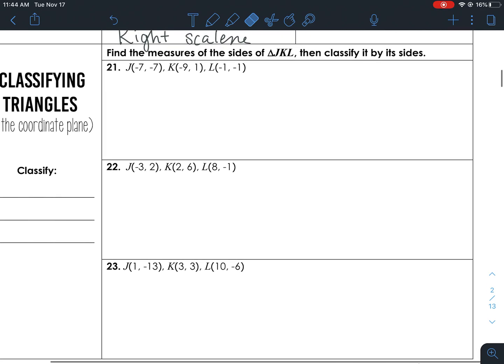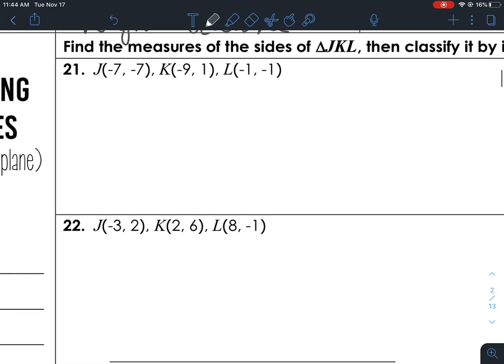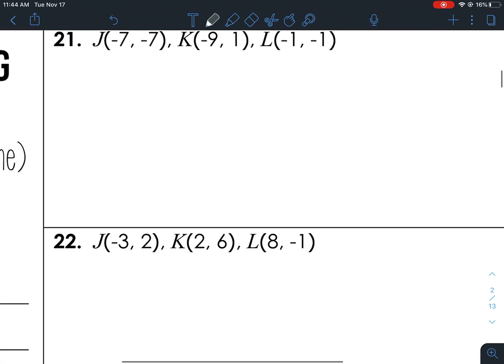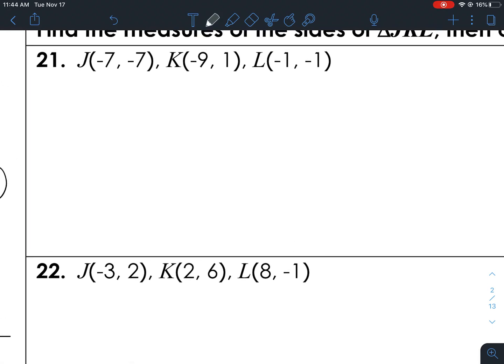All right, so for this one, we have to go back to our distance formula and we have to perform this to see by sides how we can classify them. So we have to do JK, KL, and JL. So let's start with JK. If you've forgotten the distance formula, put it up here.